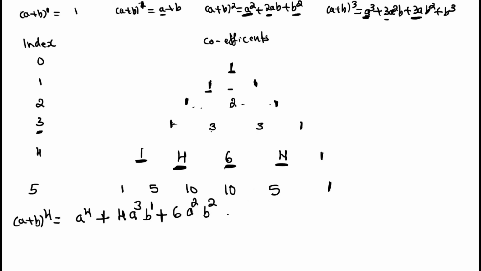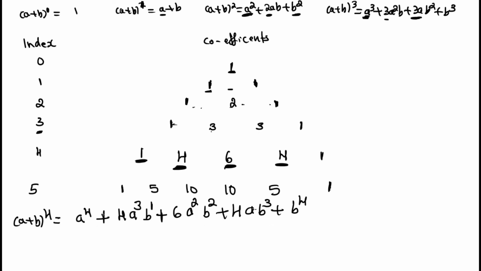Next you can see the constant term, that is 4 into a, the power of a decreasing by 1 giving you a, and the power of b increasing by 1. Then plus, here you can see 1, 1 into a to the power 0, which is equal to 1, and b to the power 4. Okay, see, 1 2 3 4 5 terms are there in the expansion. First condition holds.